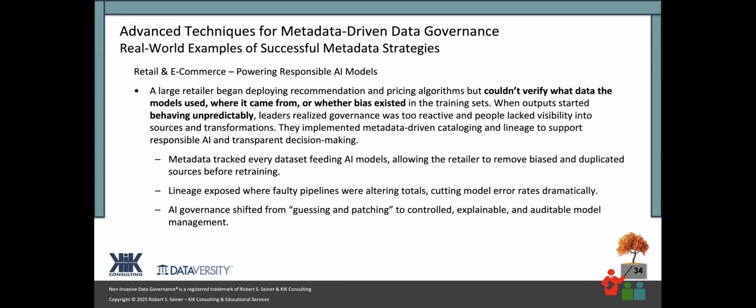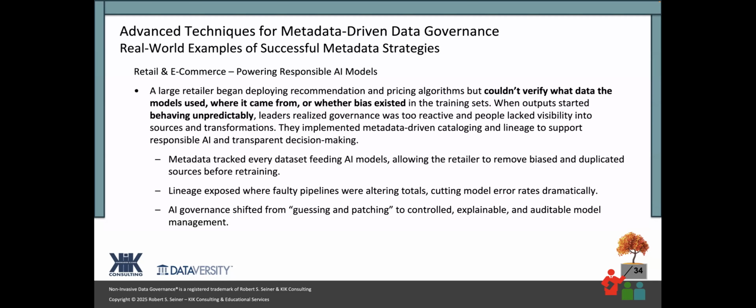I've spoken in many of my webinars about a retail client that I had recently that if you're on the East Coast, you're very familiar with them. They're a convenience store chain that decided they needed to jump into AI, but they were having problems verifying what data was going into their AI models, where it came from. They were having an impossible time determining whether or not they were being biased, or the numbers that they were reporting were being biased.